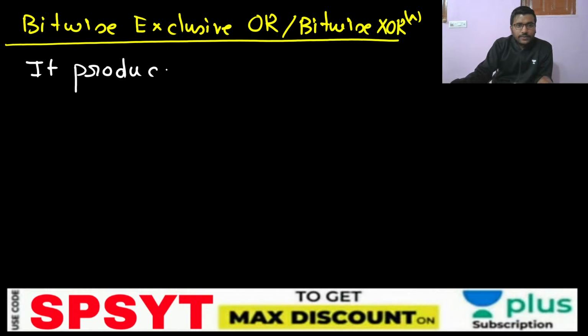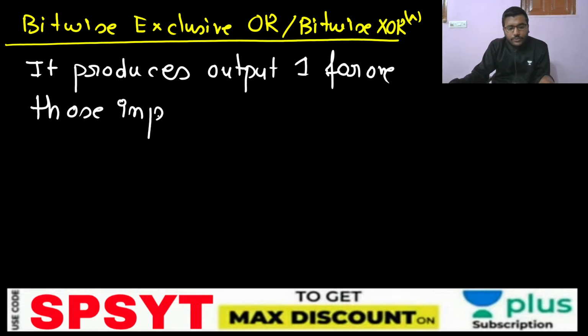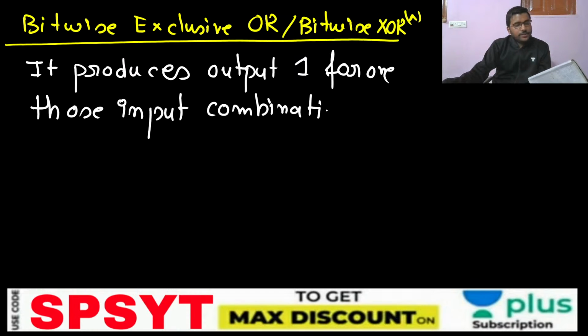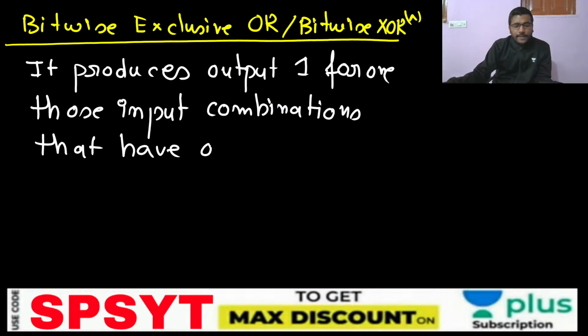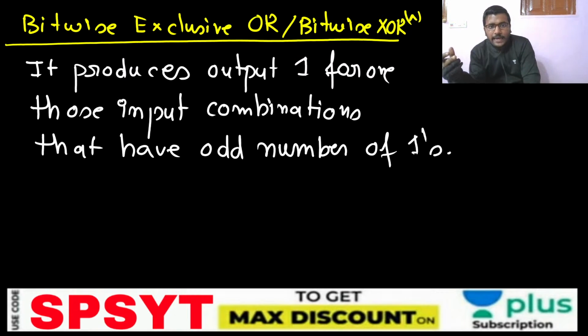It produces output 1 for those input combinations that have an odd number of 1s.